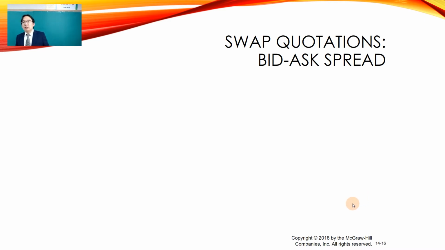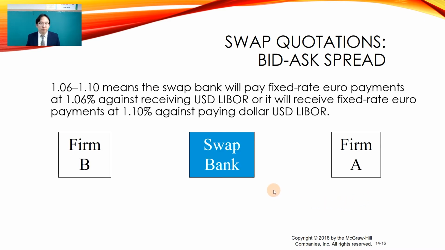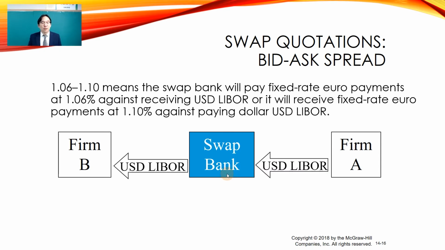Now, the swap quotation bid-ask spread of 1.06 to 1.1 means the swap bank will pay fixed rate euro payments at 1.06% against receiving US dollar LIBOR, or it will receive fixed rate euro payments at 1.1% against paying US dollar LIBOR. So here are firm B and A, and the swap bank in the middle. Firm A may want to pay US dollar LIBOR, floating rate interest, to the swap bank.